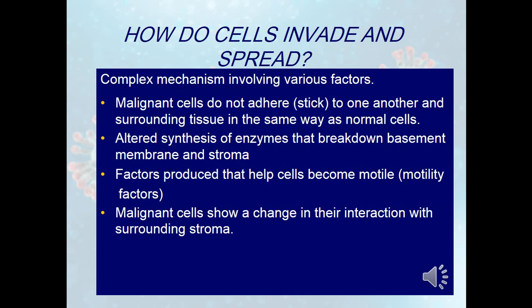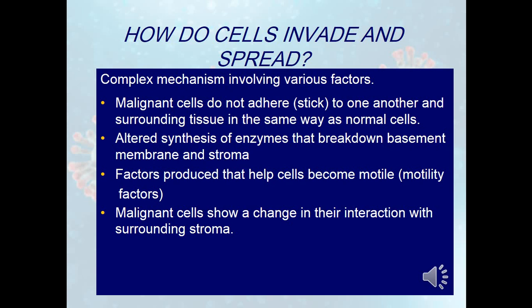There are various factors that enable the malignant cells to invade and spread. First of all, malignant cells should become non-adherent, not sticking to one another and the surrounding tissue in the same way as normal cells. Second, there should be an altered synthesis of enzymes that break down the basement membrane and stroma.